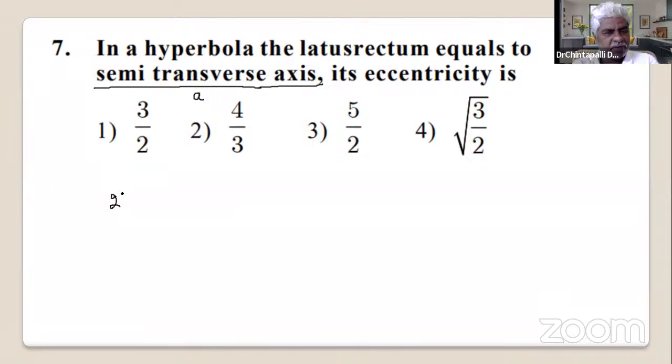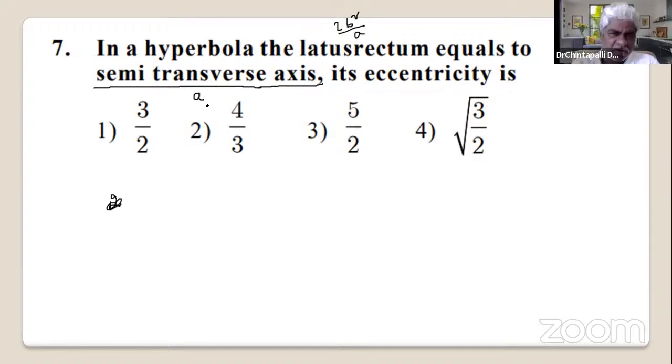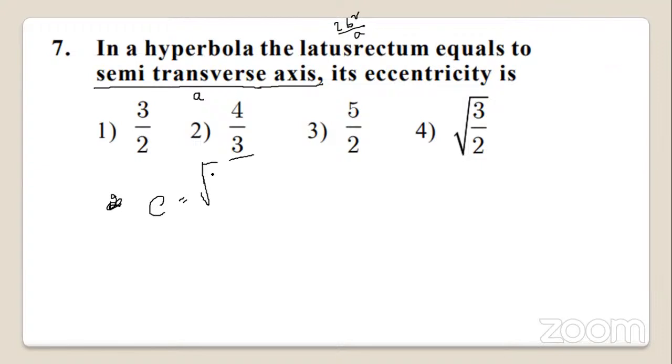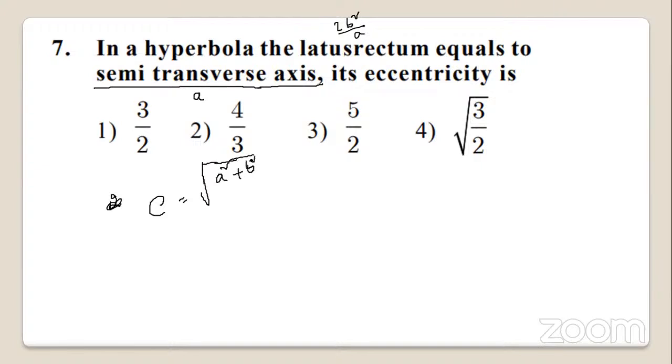This is 2b square by a, and it is equal to a. So 2b square equals a square. Very good. What is asked? E is asked. E formula: root of a square plus b square by a square. Go ahead. Root of 2b square plus b square, where b square equals a square by 2.